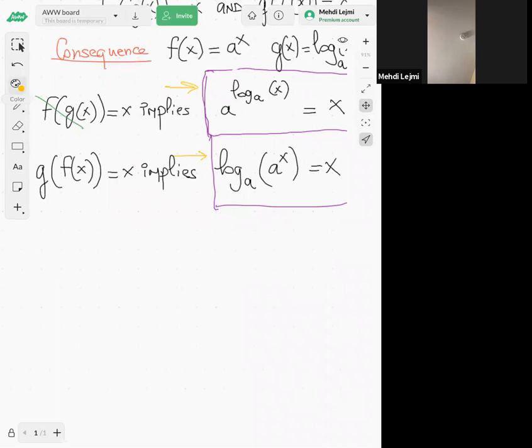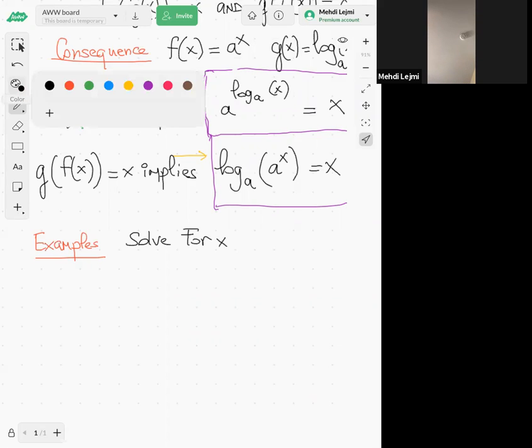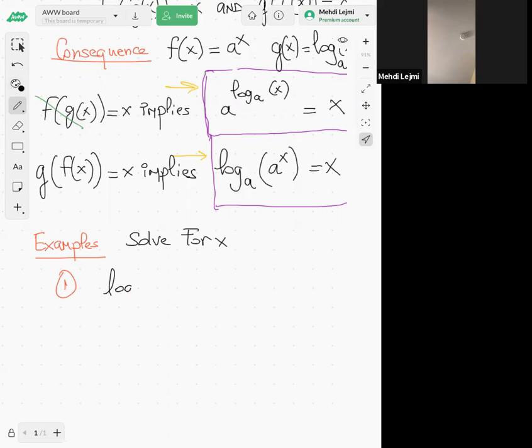In examples, let's say I want to solve for x. Okay, so first example. Let's say I have log in base 6 of x is equal to 3.